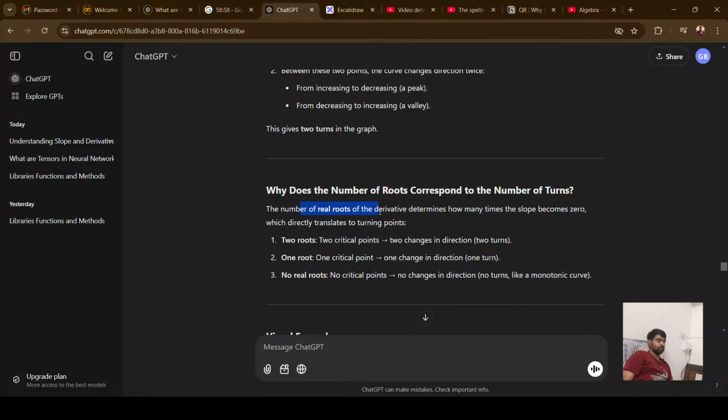The number of real roots of the derivative determines how many times the slope becomes 0, which directly translates to turning points. Two roots, two critical points, two changes. I don't get this.